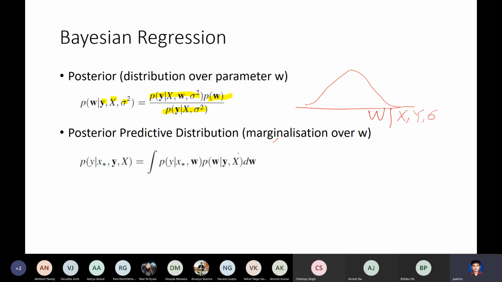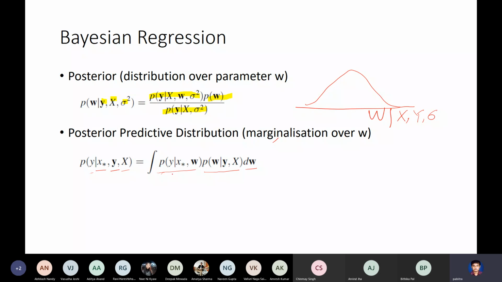And what the posterior predictive distribution does is that you can express p(y | x star, X, Y). So x star is a given input, for which I am interested to predict y, and this is the training data already given to me. So it is p(y | x star, w) times, by the product rule, p(w | y, x) dw.